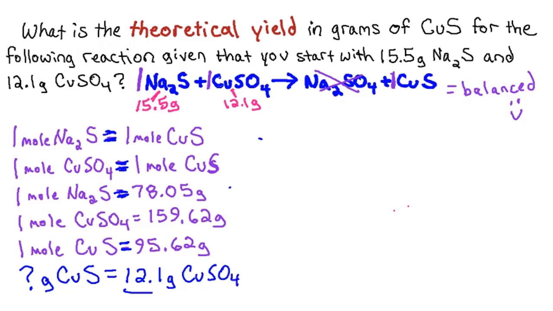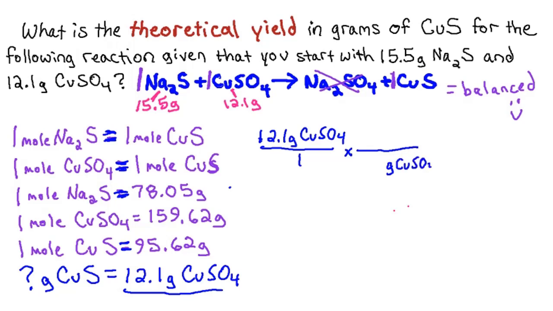So we start with what we know in the question mark statement. So 12.1 grams of CuSO4 over 1, and then multiply fraction bar. And whatever we wrote on the top, we have to write those units on the bottom of this next one. So grams of CuSO4.